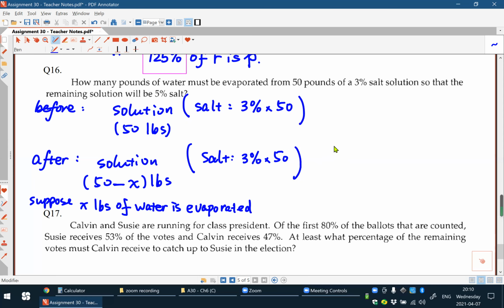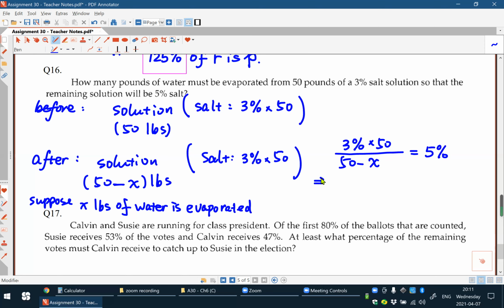Okay, so that means the salt, which is 3% times 50, over the total weight of solution, which is 50 minus X, should equal 5%, right?